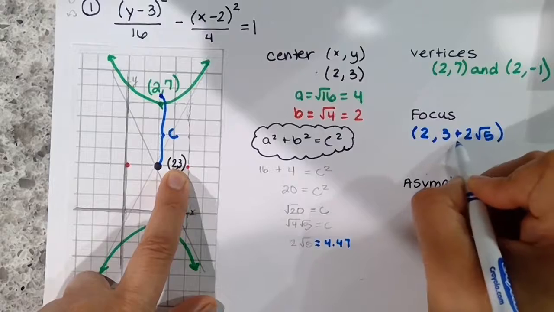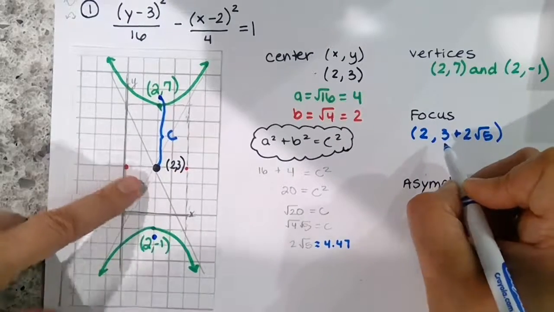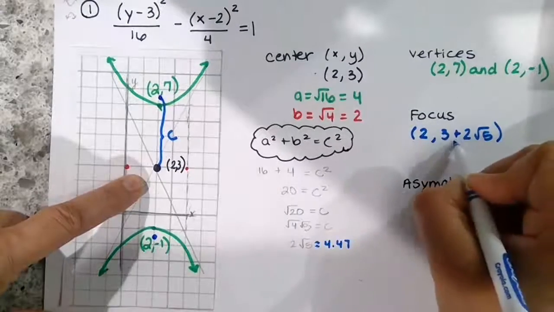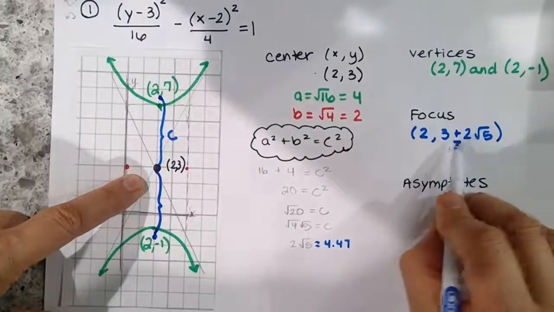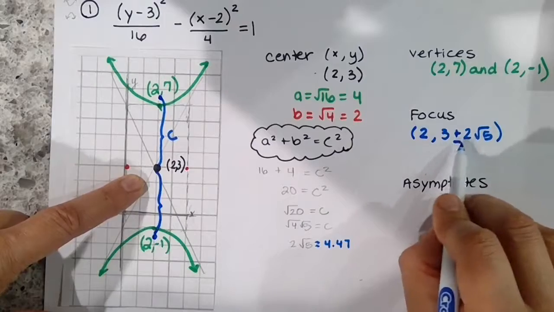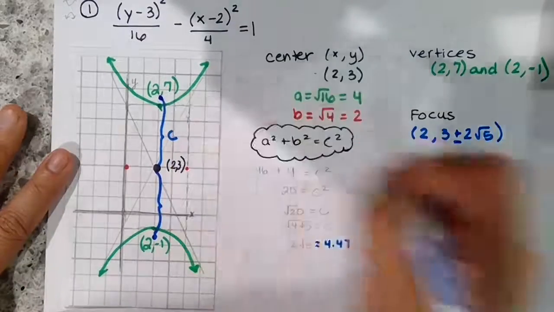So you can actually just write it together and say it's 2, 3 plus and minus 2 square root of 5.